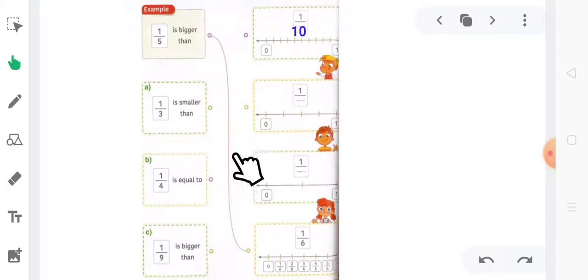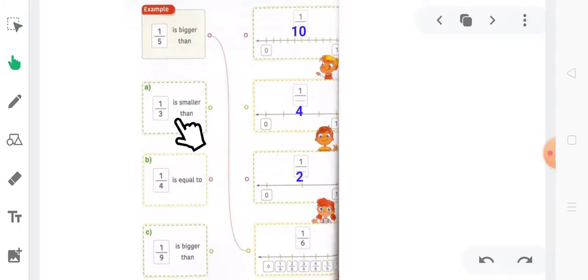Okay, and this one, how many jumps do we have? This is 1, 2, 3, and 4. So it's a fourth. Then what do we have here? This is the first jump and the second jump, it's a half. How many jumps here? It's 6. So now I can match the correct answer.